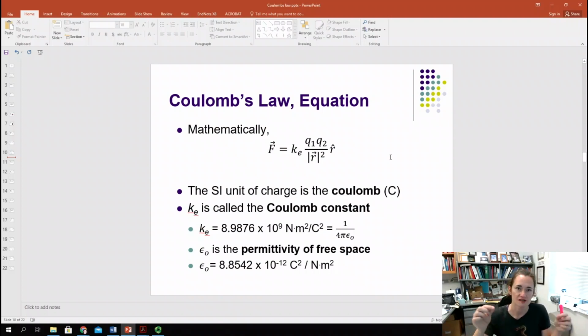So the force is always along the line that connects the centers of those two point charges. That's what the r hat vector means: pointing from one center to the other, okay?